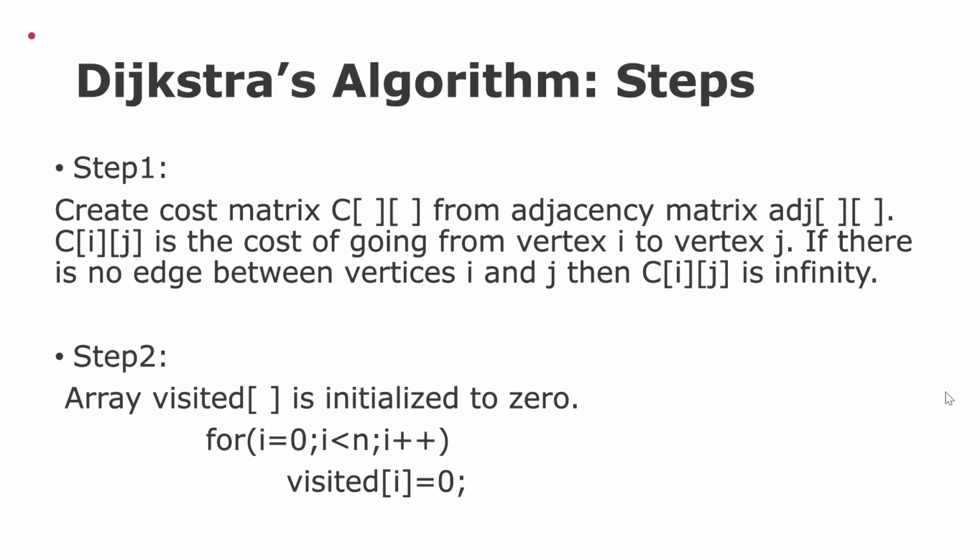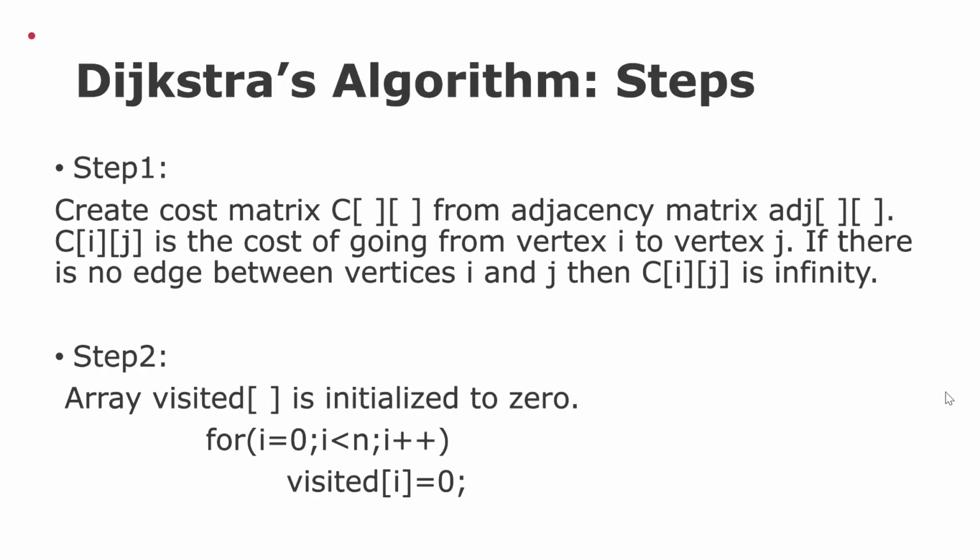Now, array visited is initialized to 0. That means initially we make an array, and in that array we store all the vertices. Corresponding to each vertex we have a place, and that is known as visited. Visited, not visited.